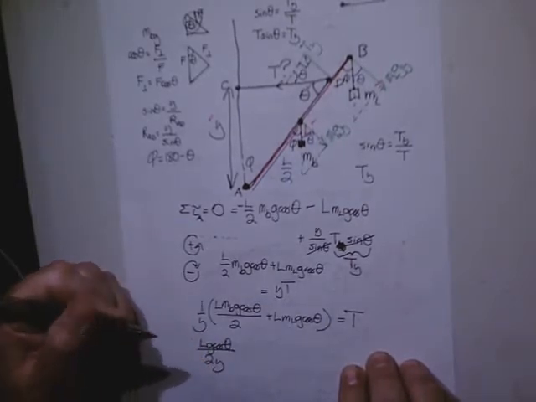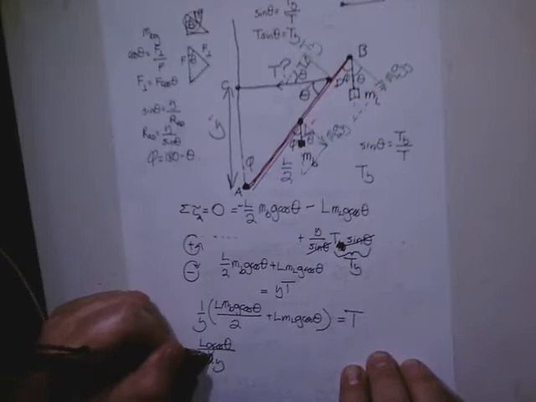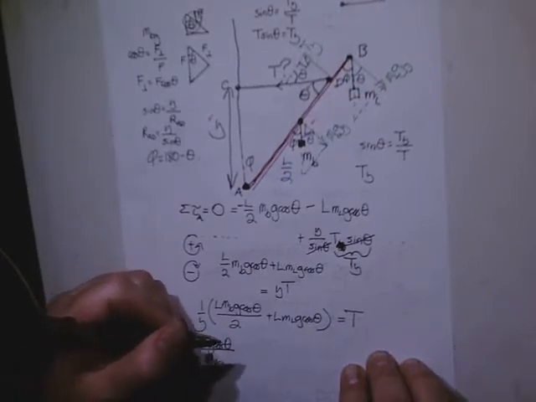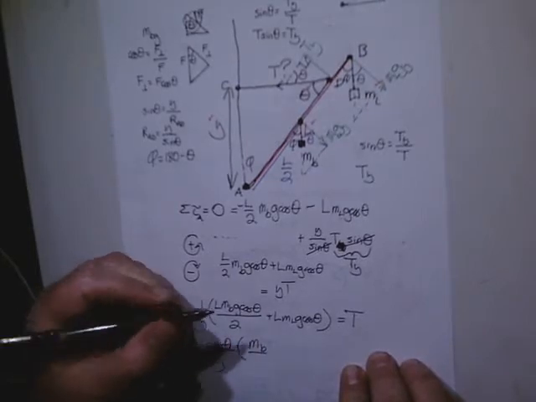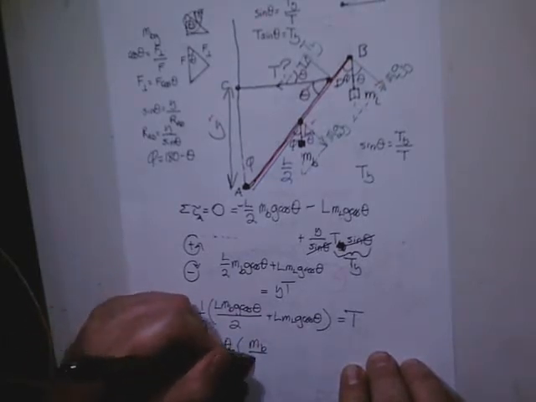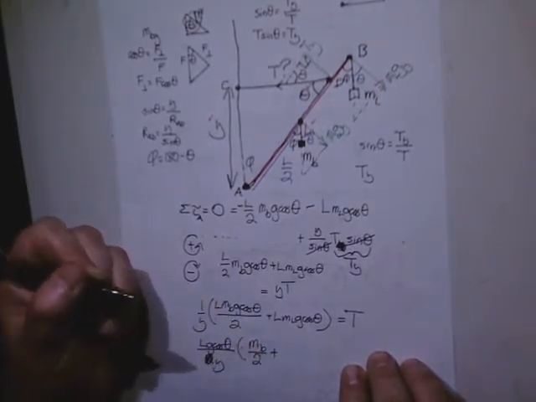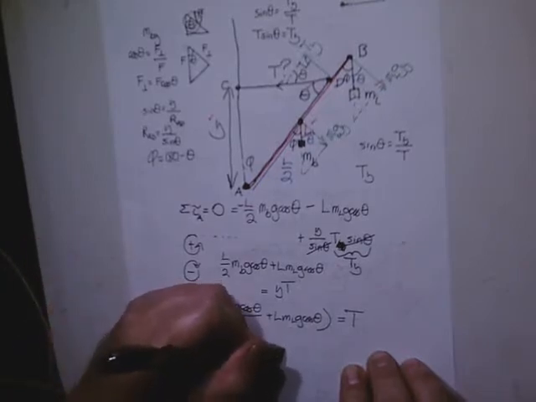We have a y, and then I'm left with m_b over 2 plus m_l.